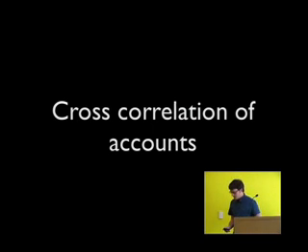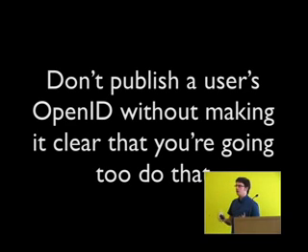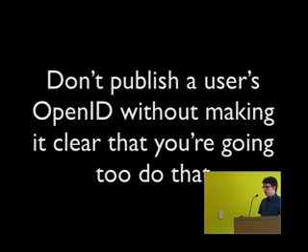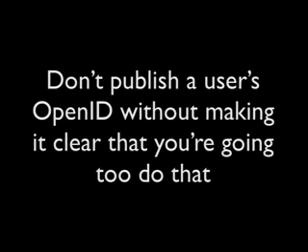And I think there's an important lesson for OpenID consumer sites, which is that you should never publish a user's OpenID without making it abundantly clear that you're going to do that. Like, I will trust a site. I'm OK with Flickr, with different blogs posting my OpenID so I can tie my comments together. But at the same time, I need to know that that's going to happen. You should, at the very least, allow users to opt out of sharing their OpenID.